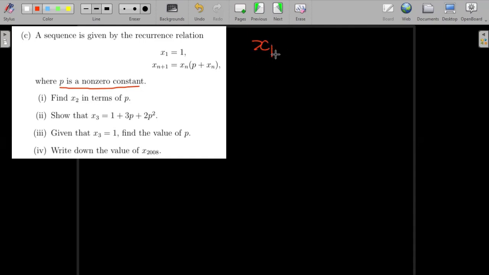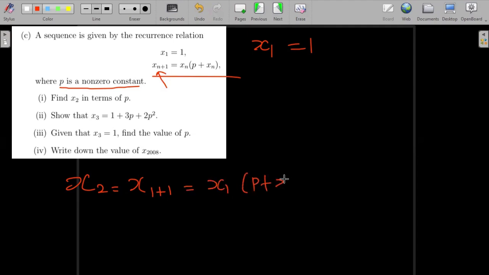So x1 is 1. I'm going to be using this formula here. If I want to find x2, I'll write x2 is equal to x(1+1), so that I make it in the form of this formula. So on the other side it will be x1 and then p plus x1.